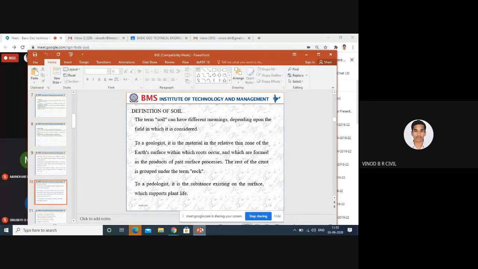The rest of the crust is grouped under the term rock. Means the geologist's view is different. And for a pedologist, it is a substance existing on the surface which supports plant life. The pedologist's view is different: soil is one of the existing materials on the surface which helps to crop a plant or support plant life.